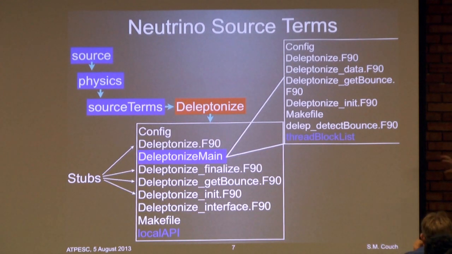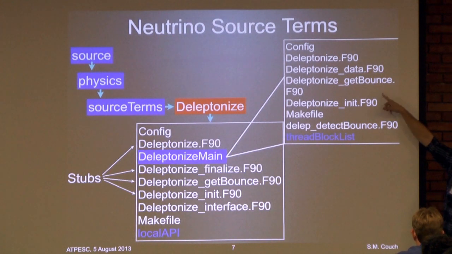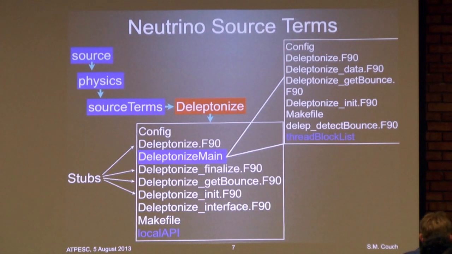So because this information, which is simply just a logical, basically, exists within this unit's module data, I have written a public interface, deleptonize get bounce.f90, which publishes a public interface, and all it basically does is return whether or not this logical is true or false, right? But this is a way for another unit, like neutrino heating, to access the deleptonize unit's data through an interface without directly touching its module data, which is a no-no.